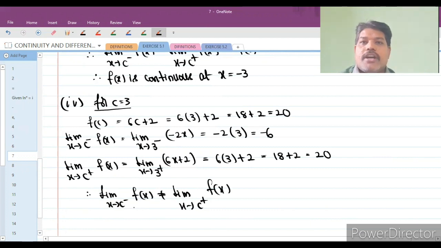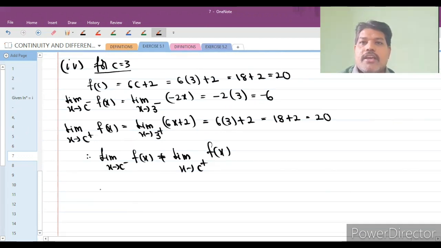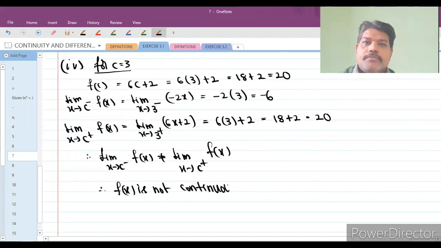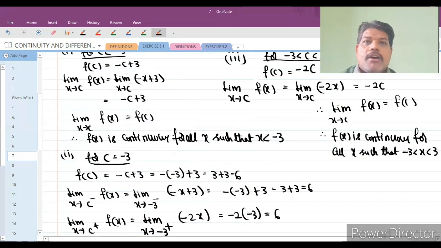Both do not coincide. Therefore, what we can say is that f of x is not continuous at x is equal to 3. So that is case number 4.